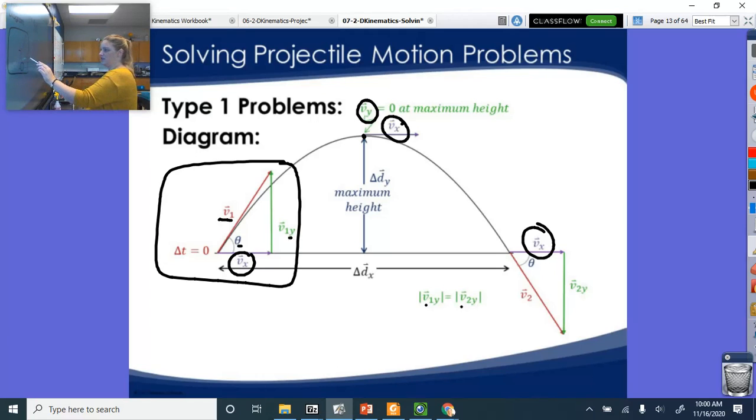Whatever we solve for our starting velocity in the y is also going to be our ending velocity in the y, because all we're doing is taking that triangle that we start with and we flip it and inverse it to get our final velocity. So our x is going to stay constant the whole way, and all that's going to happen is the magnitude of our final velocity is going to stay the same, so we just change the direction that it's heading. Instead of heading up, we then head down.